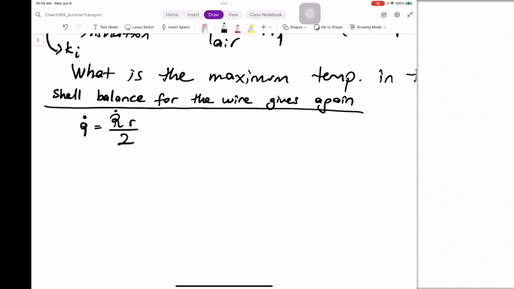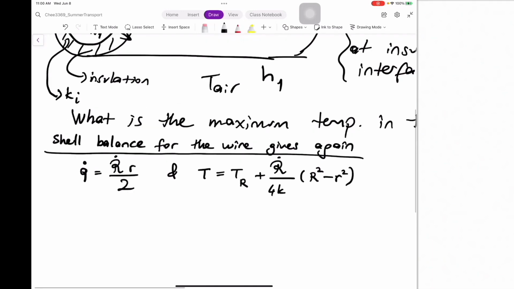And the temperature profile T is going to be T_R plus the generation rate over 4K times (R squared minus r squared). The same as we found, but I'm not able to write T_R in terms of T air. That's the only difference. Other than that, T has the same temperature profile.